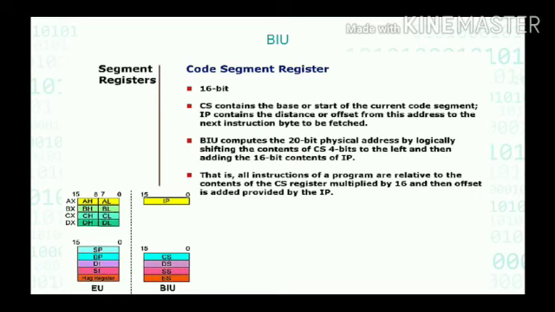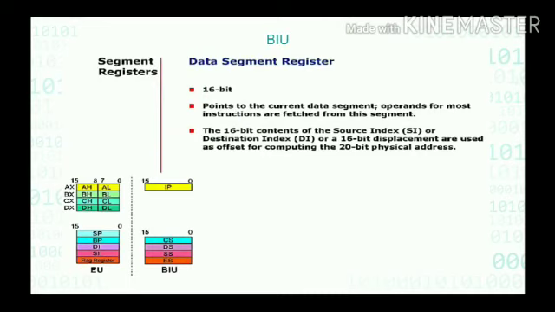Next one is data segment register. Same, it is a 16-bit register. It consists of data used by the program accessed in the data segment by the offset address or the contents of other register that holds the offset address, which means it points to the address data segment.